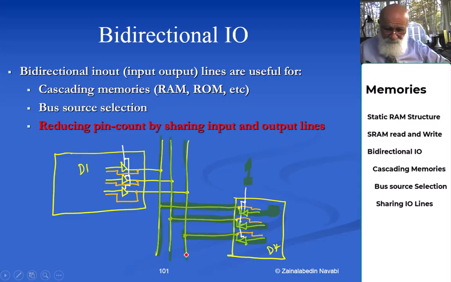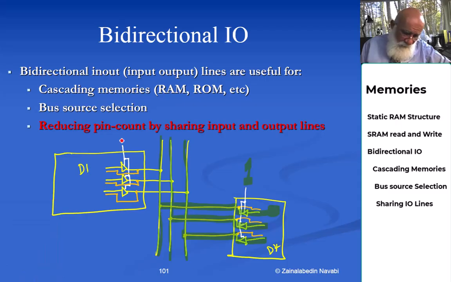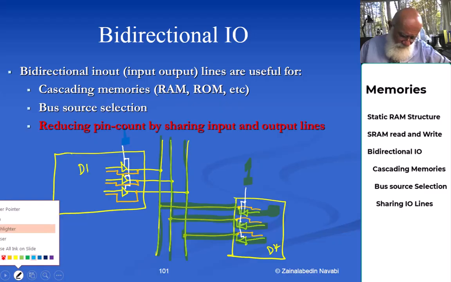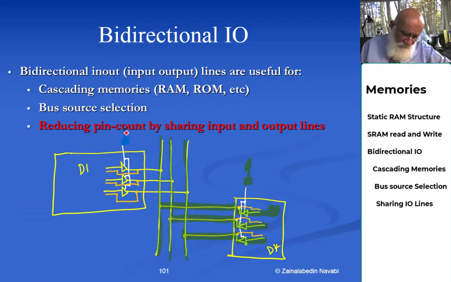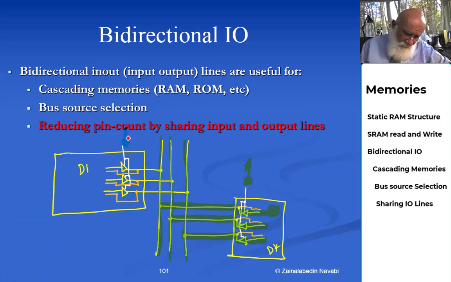Okay. In that case, we want to guarantee that this other device 1 select input is definitely 0. And then if this is 1, let's see what color I want to use. This one should be good.